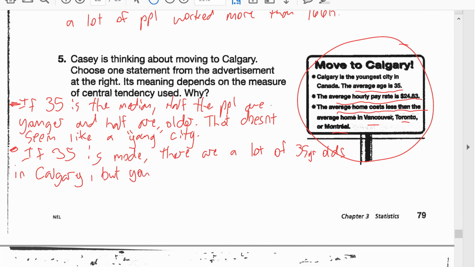But you don't know how many people are other ages. So the mode says that there's a lot of 35-year-olds. That's the most common age in Calgary. But what if the second most common age is 60? Then the second largest population in Calgary could be 60, right? So the mode doesn't really tell you everything about the city either.